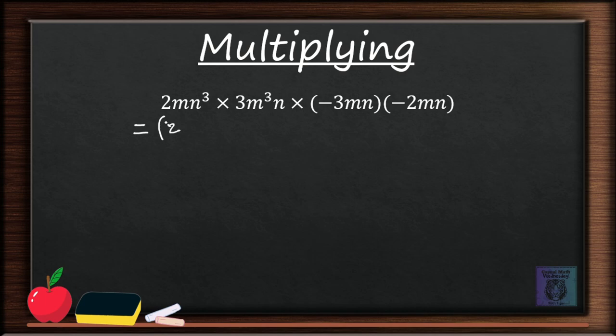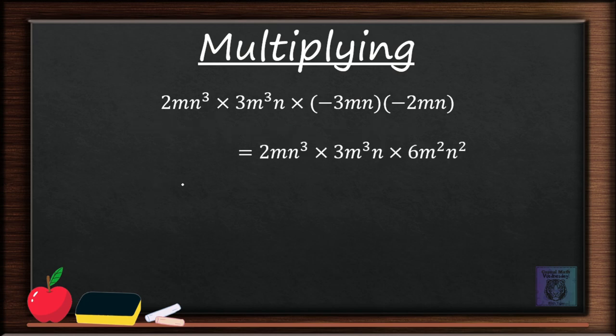So we can say 2m n to the power of 3 times 3m to the power of 3 n, and then a negative times a negative makes a positive. 3 times 2 is 6, m, so it's the 1 plus the 1, that would be to the power of 2. Am I correct? Yes, I am.